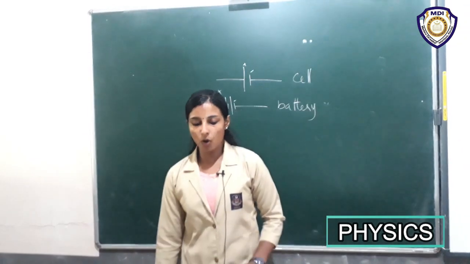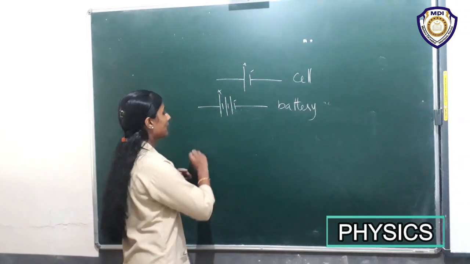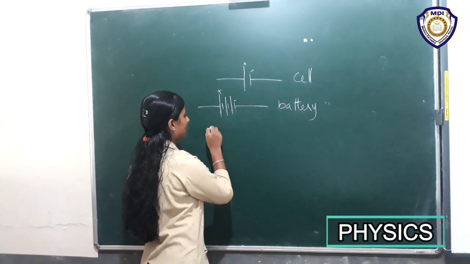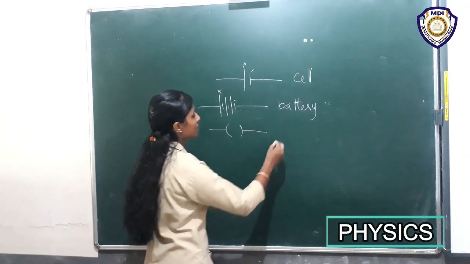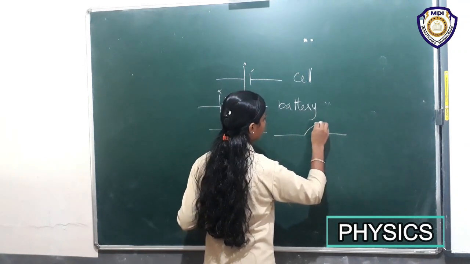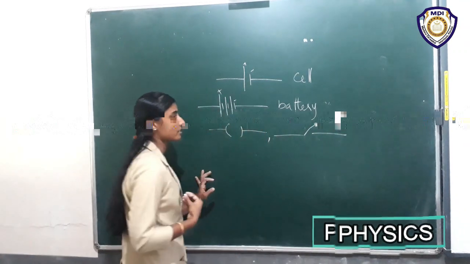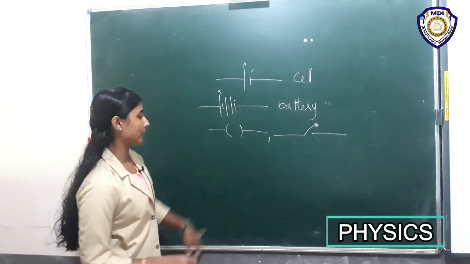And the plug key or switch, which we have already seen in figure 12.1. We can represent a key like this and also like this. These two representations are commonly used. Now the key is open, right?